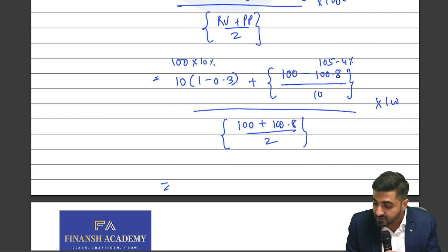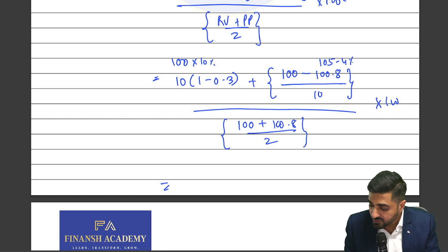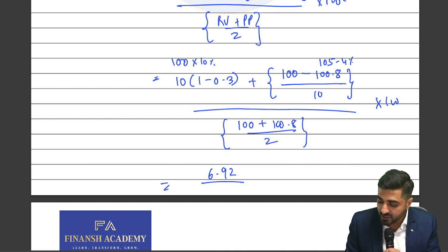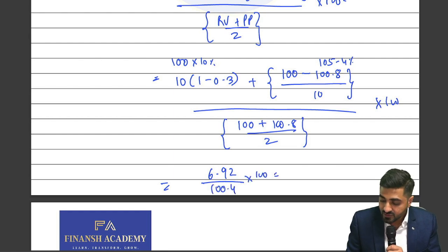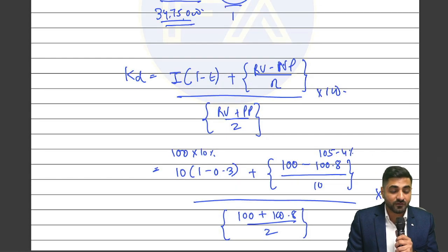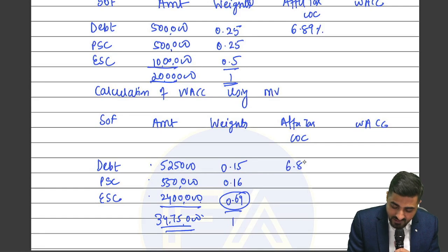And this is 10.7. The final will be 6.92, which I have to divide by 100 plus 100.8 divided by 2. That's nothing but 100 into 100, coming as 6 point something. So whether it is book value weights or market value weights, do I already have 6%? Come on, yes or no? Yes, sir.